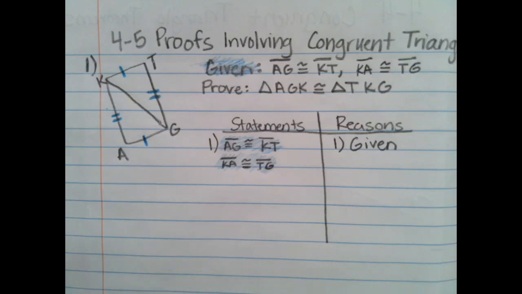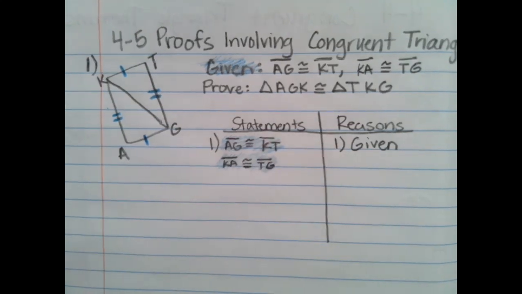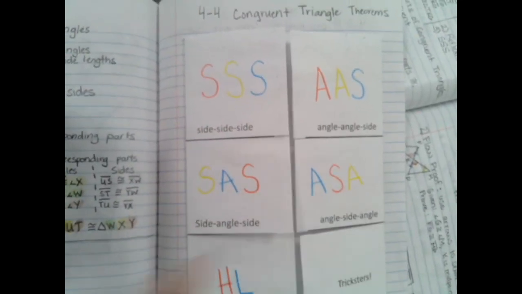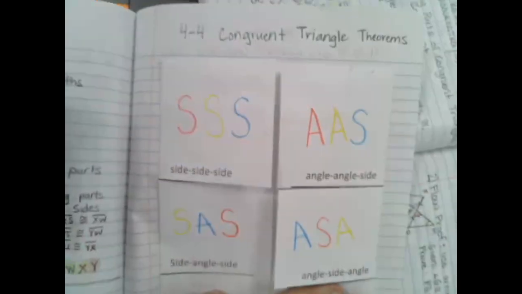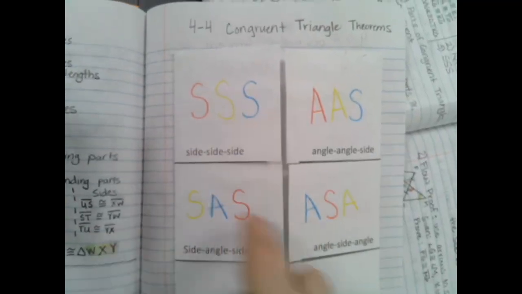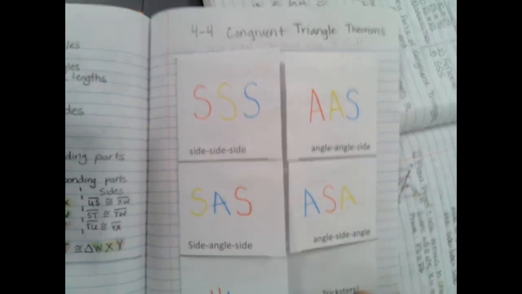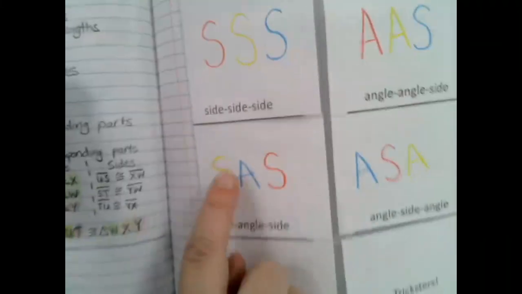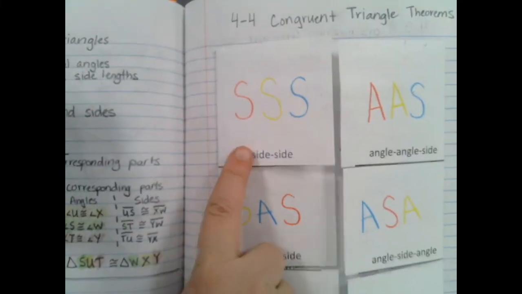Okay, now our goal, in order to see that these triangles are congruent, I need to use one of these theorems from yesterday. Side-side-side, angle-angle-side, side-angle-side, or angle-side-angle, or hypotenuse-leg. Do we have a right triangle? No, so not that one. Okay, which one of these 4, or which 2 might be good options based on what we were given? We might do side-angle-side, or we might do side-side-side.